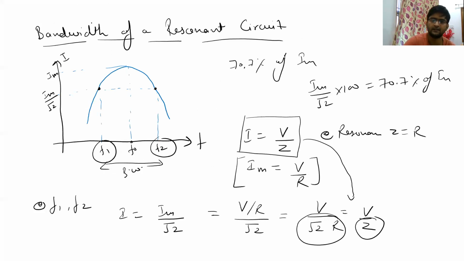So let us use that. F1 is your frequency which is below F0, so here your circuit will be behaving as capacitive.